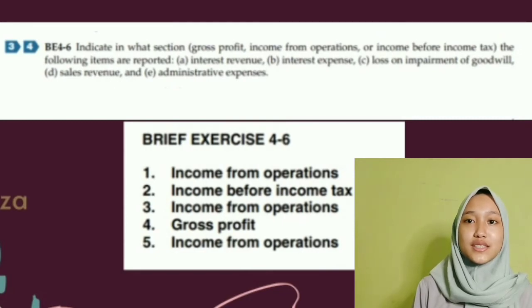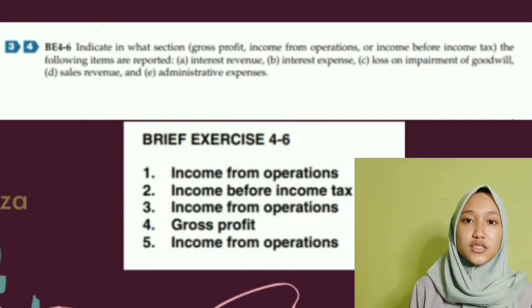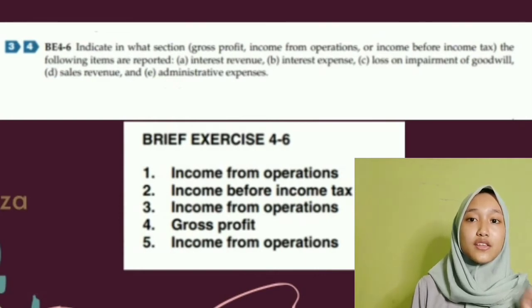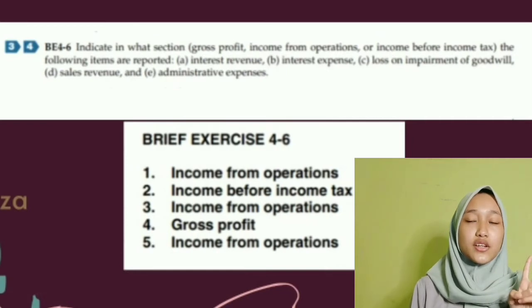Well, I'm trying the brief exercise for point 6. The question is: indicate in what section, gross profit, income from operation, or income before income tax, the following items are reported: A. Interest revenue, B. Interest expense, C. Loss on impairment of goodwill, D. Sales revenue, and E. Administrative expense.